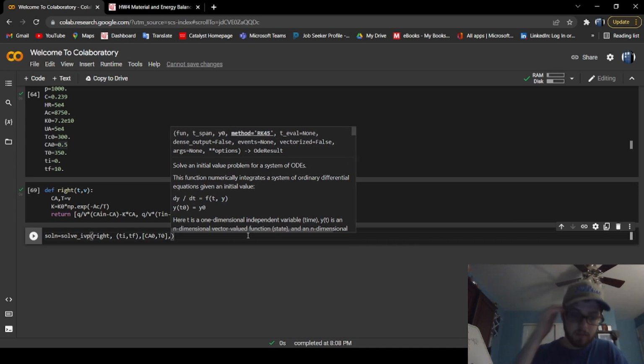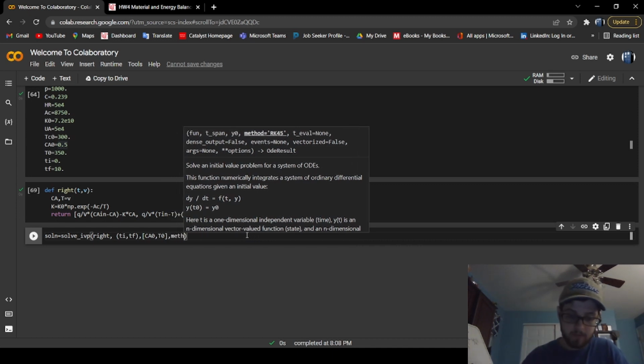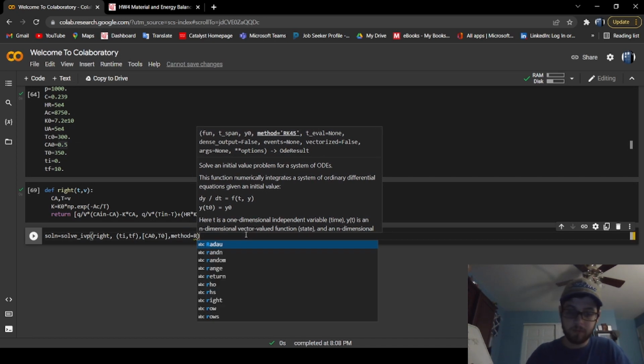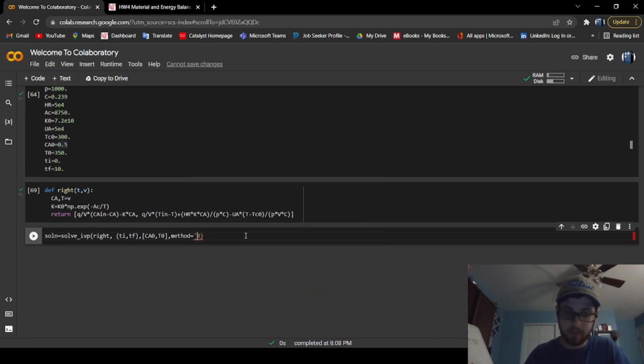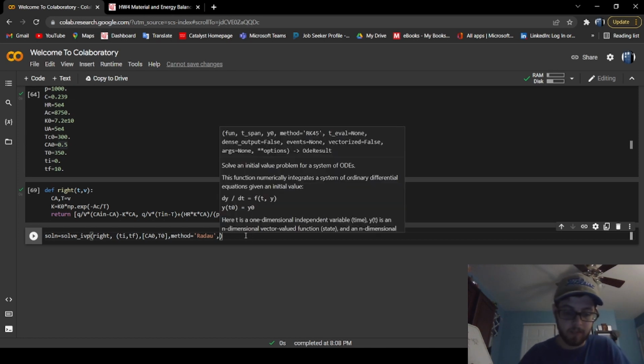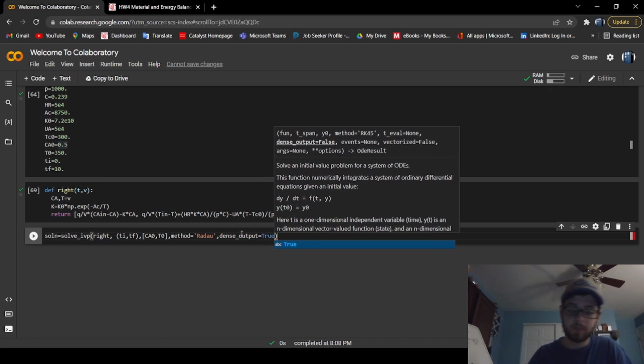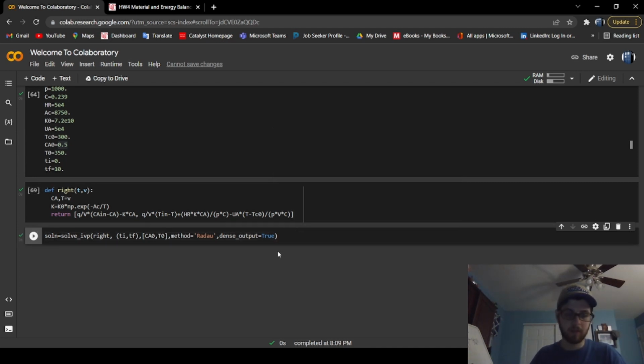The method is Radau, I don't know how that's pronounced. And then finally, our dense output is equal to true. And to make that blue, I'm not going to be a doofus and put parentheses around it, because that does not work. Yep, and it works now.